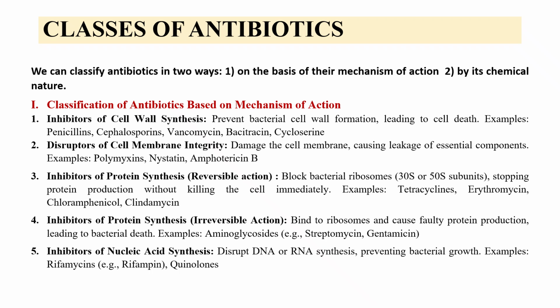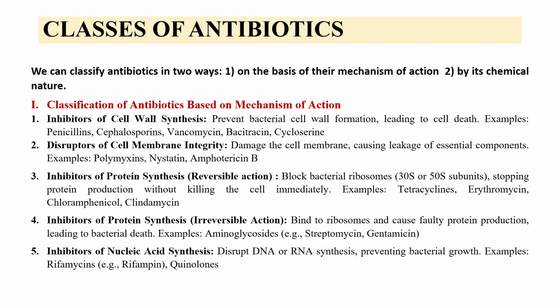Next is inhibitors of nucleic acid synthesis. This group of antibiotics disrupts DNA or RNA synthesis. Once DNA or RNA synthesis has been blocked, bacterial growth will be stopped, and examples include rifamycin or rifampin, quinolones, etc.